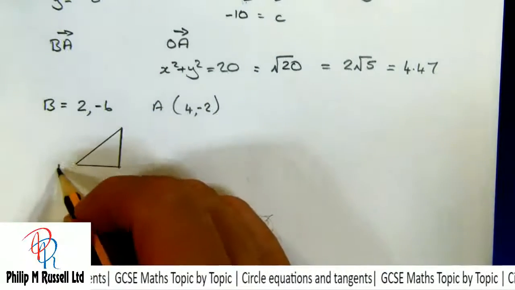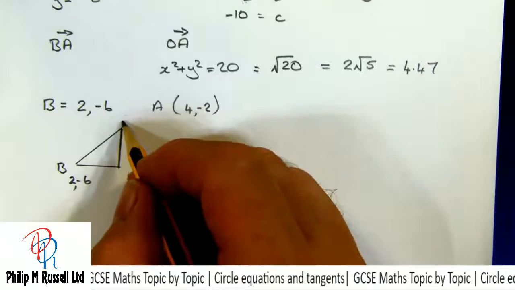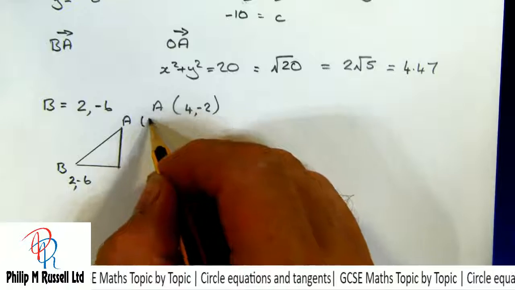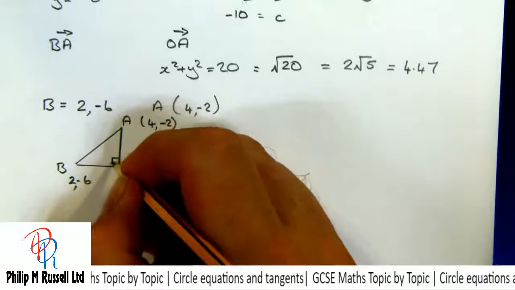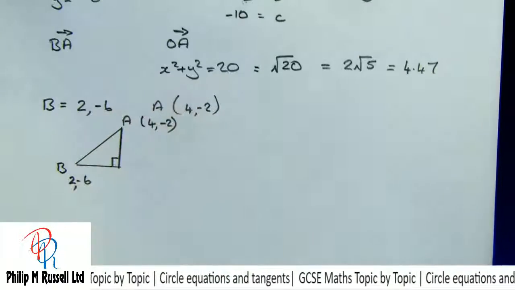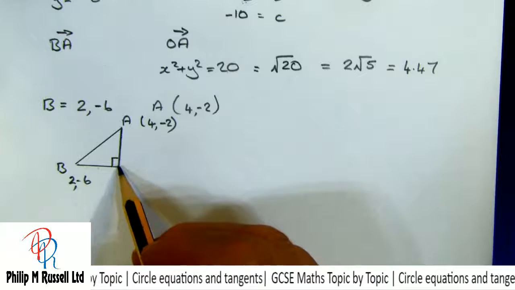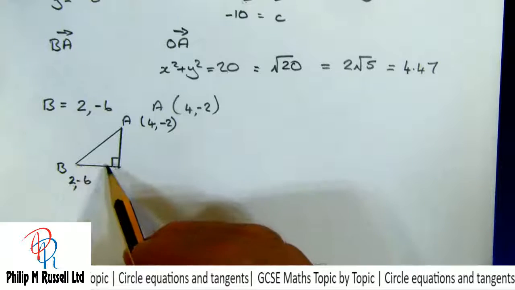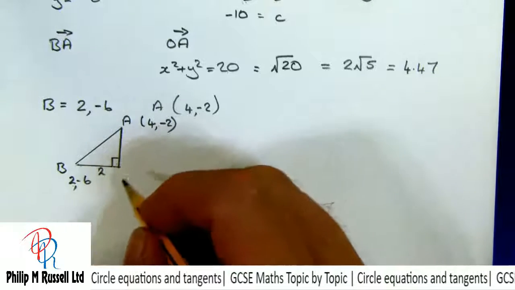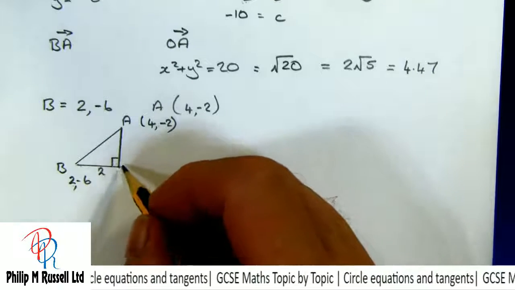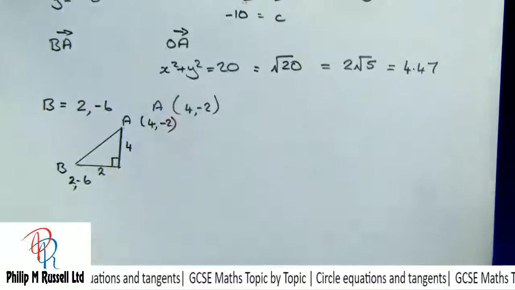I've got my value of B, which is here at 2, minus 6, and I've got my value of A here, which is 4, minus 2. This will be a right angled triangle, and I can work out what that length is simply by working out what this is. So this is my x value, which starts at 2 and goes to 4. So that's going to be a value of 2, and this one is my y value, which starts at minus 6 and goes to minus 2, which gives me a value of 4.